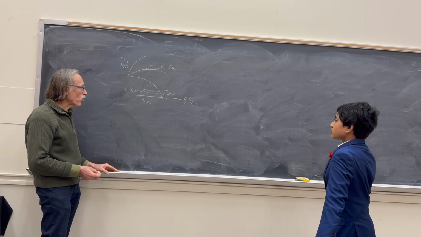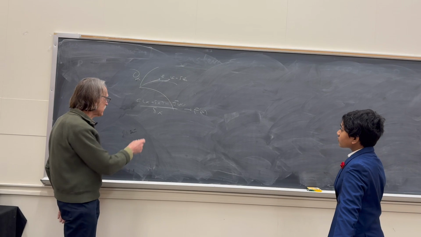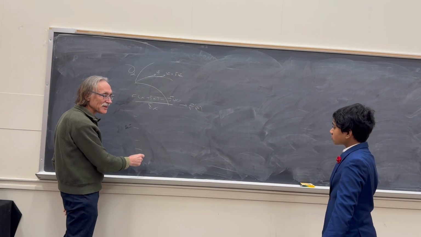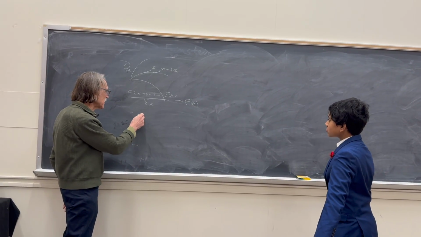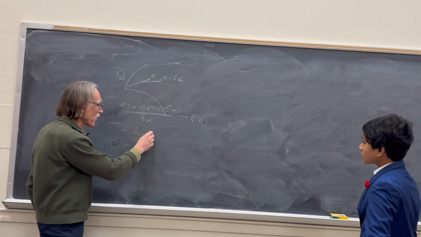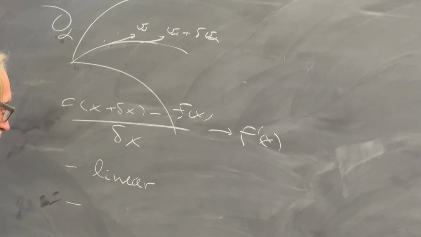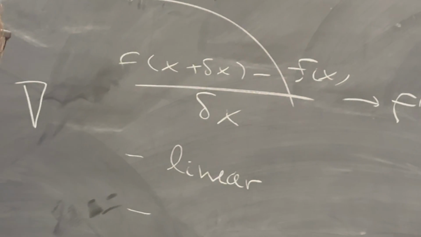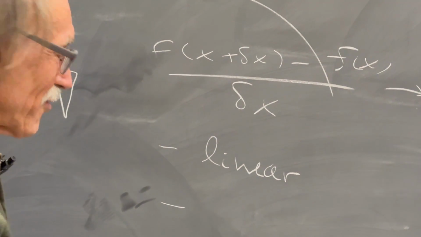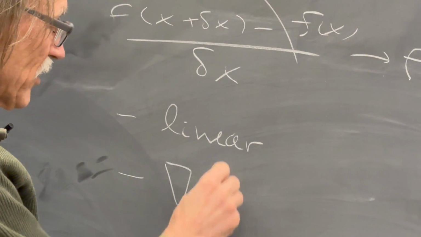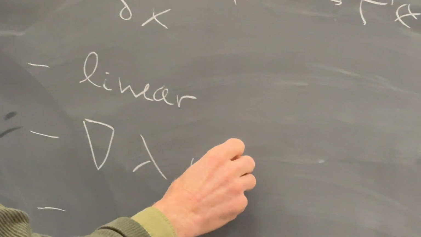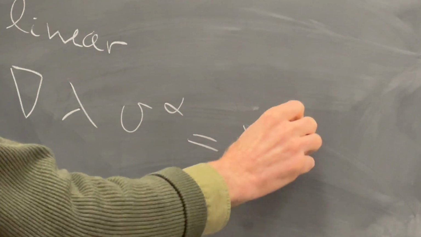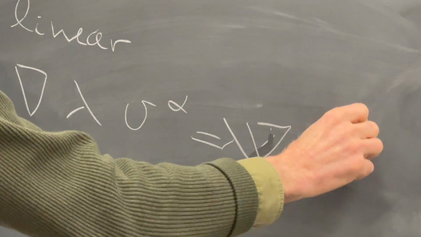And what you know is the derivative has a number of properties, like it is linear. If we want to find the new derivative, the derivative of lambda times a vector should be lambda times the derivative of the vector.